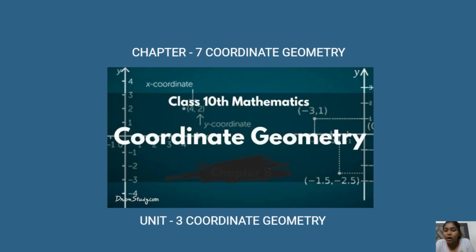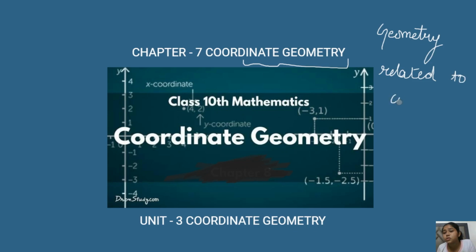So let's start with our new chapter, chapter number 7, coordinate geometry. The question is, what is coordinate geometry? Coordinate geometry is the geometry which is related to coordinates. Now you will ask what these coordinates are.